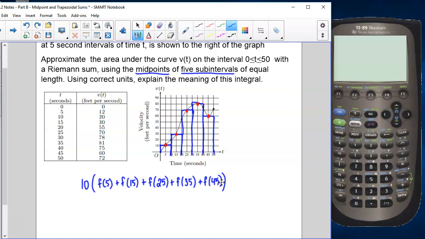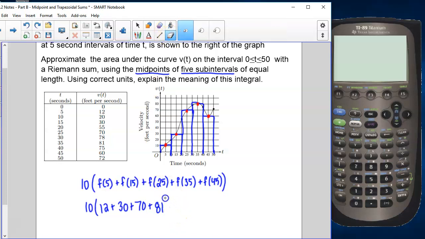Now, trapezoids are a little bit different. You use every interval, but you count the first and last just one time and count all the middle ones twice. All right, in this case f of 5 is 12, f of 15 is 30, f of 25 is 70, f of 35 is 81, and f of 45 is 60.